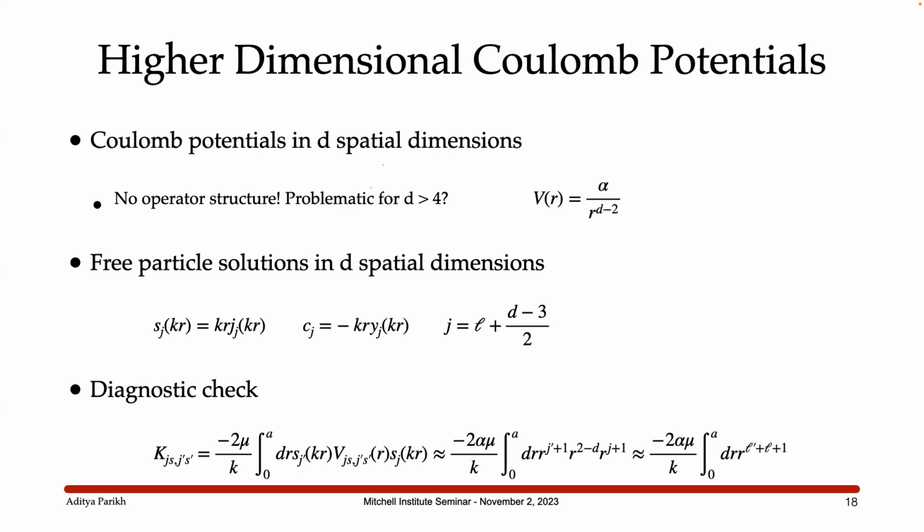And essentially, if you just plug and chug through all of it, what you end up finding is that the dependence on the number of spatial dimensions actually completely drops out, which tells you that the Coulomb potential in arbitrary spatial dimensions will actually be well-defined, and it'll give you a finite, well-defined answer, and you can actually compute it, which again should intuitively make sense if you're looking at this from a field theory perspective, because Coulomb potentials arise from scalar or vector type operators in arbitrary dimensions, and those should give you finite, well-defined answers, right?